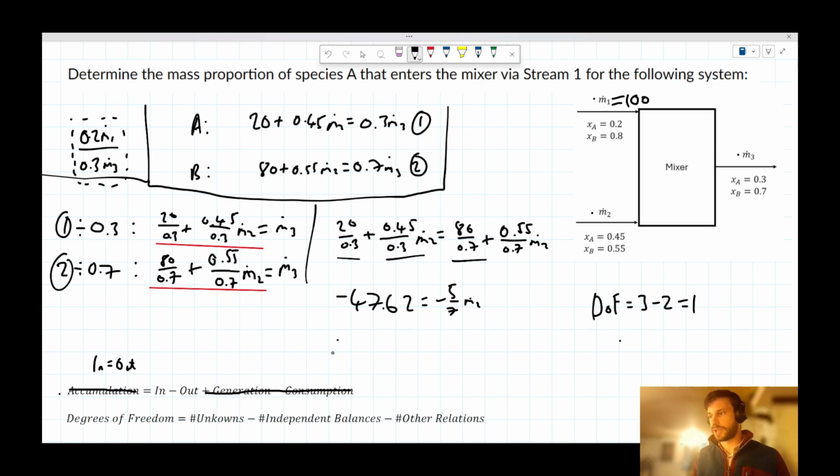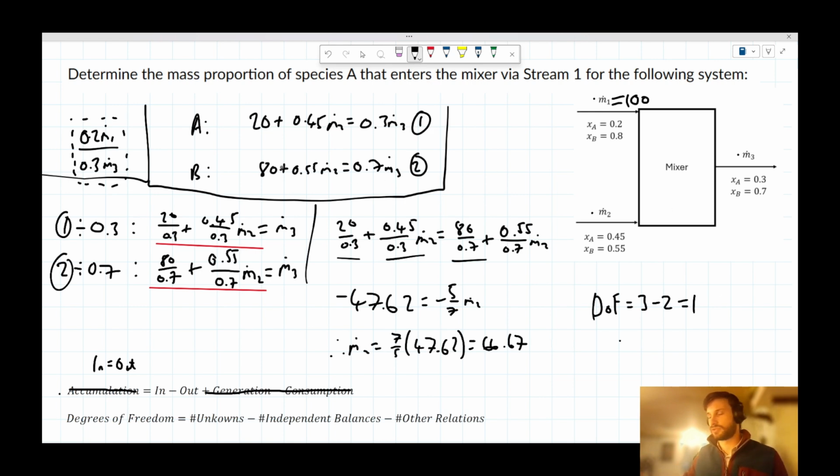I can then rearrange that. I can say, therefore, M2 is equal to 7/5 of 47.62, which is equal to 66.67.